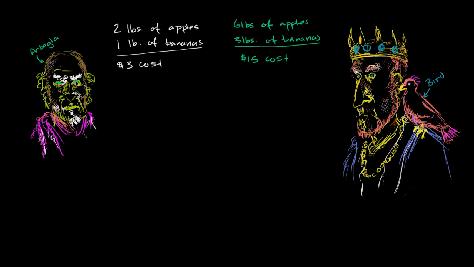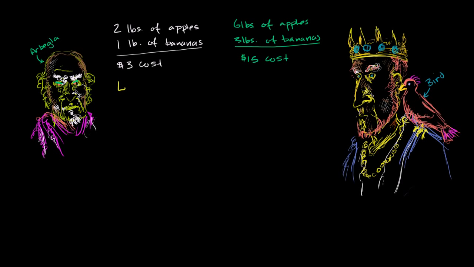So you look at the bird, the bird whispers into the king's ear, and the king says, well, the bird says, just start defining some variables here so we can express this thing algebraically. So you go about doing that. What we want to figure out is the cost of apples and the cost of bananas per pound. So we set some variables.